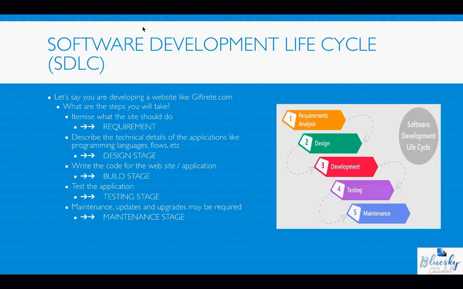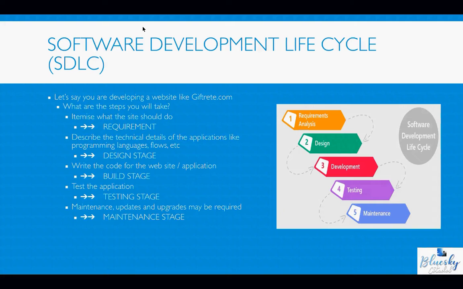Actually, maybe you call the person a solution architect or technical architect. So then it goes back into the coding part, which is the third part that we are talking about, which is the build stage, where the developer now writes the code for what the BA or the solution architect has designed.